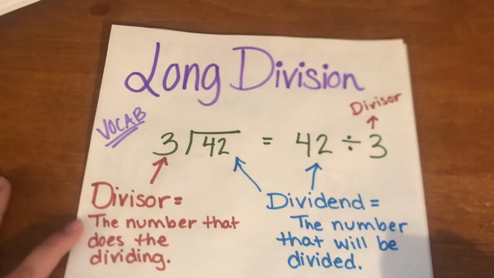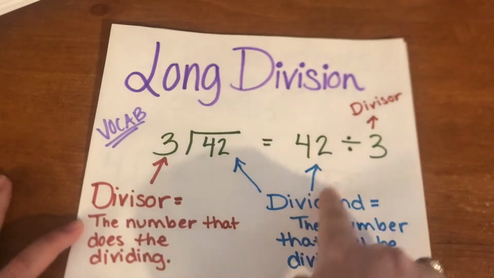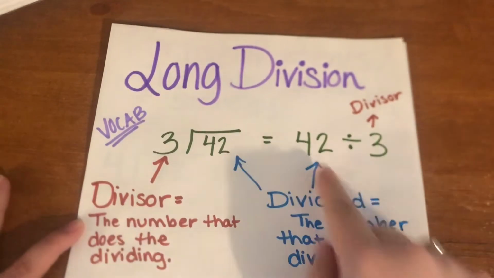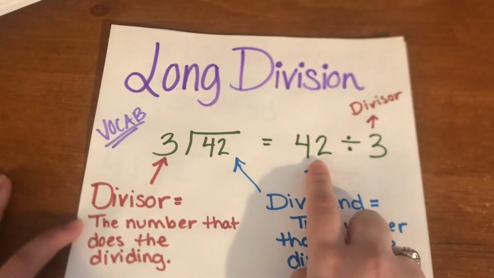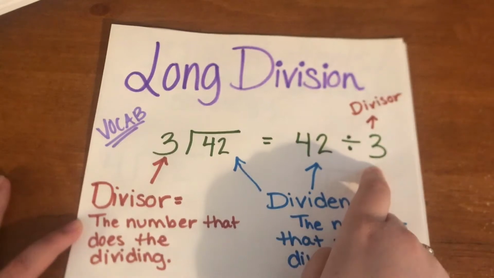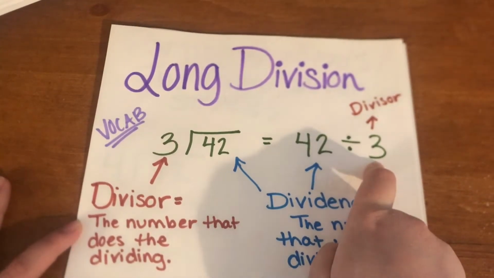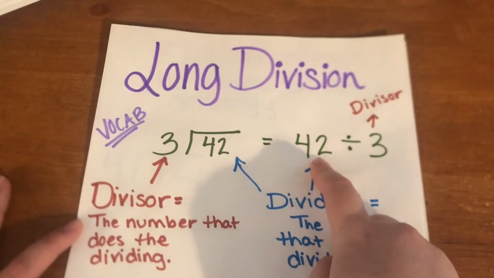So division is essentially just putting a number of people or things into groups. So in this case, we might have 42 people that we want to split into 3 groups, or we might have 3 people that we want to give 42 things to.